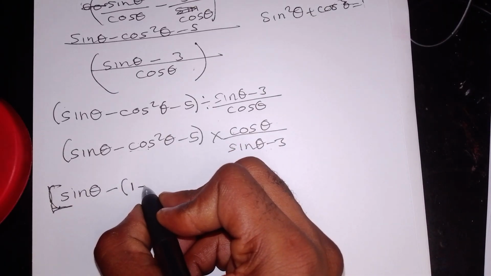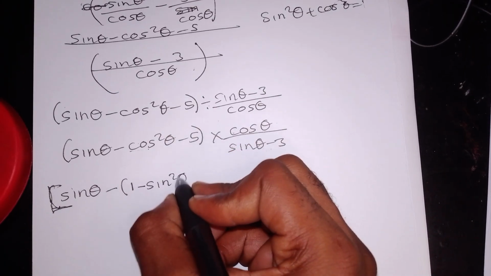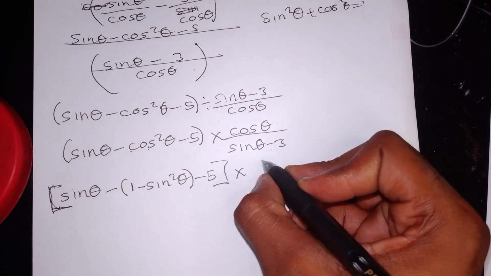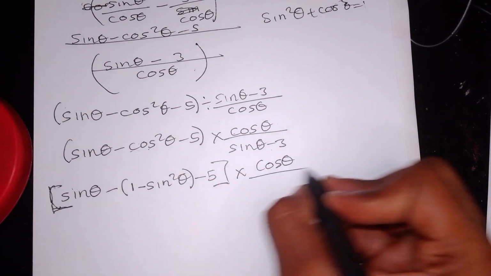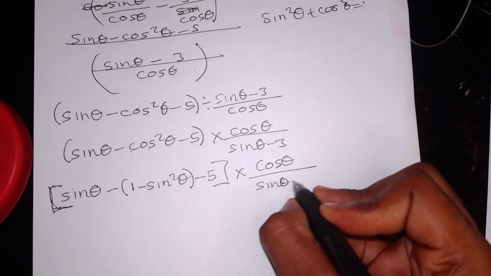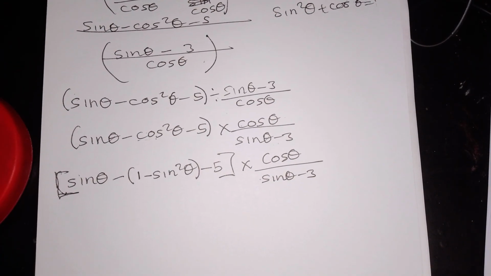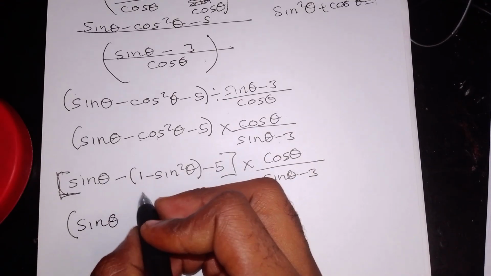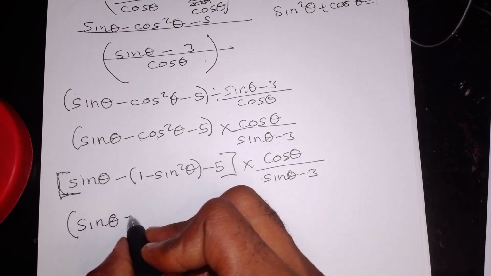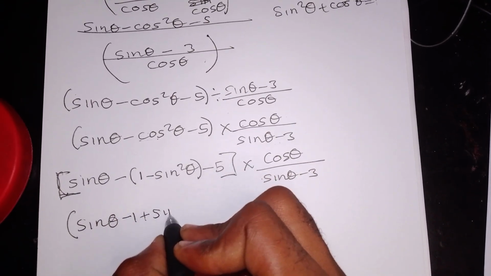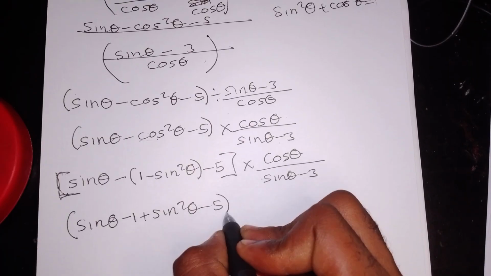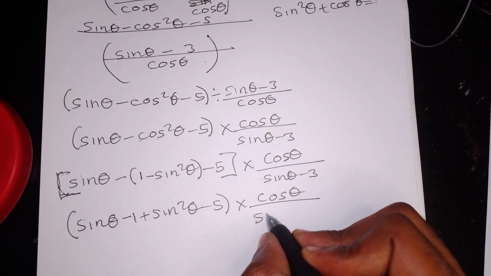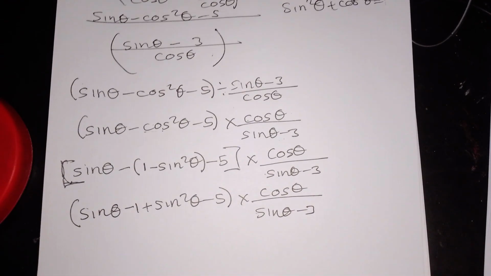So this will be 1 minus sine squared theta, and then minus 5 multiplied by cos theta over sine theta minus 3. And then we can expand, minus 1 plus sine squared theta minus 5 multiplied by cos theta over sine theta minus 3.